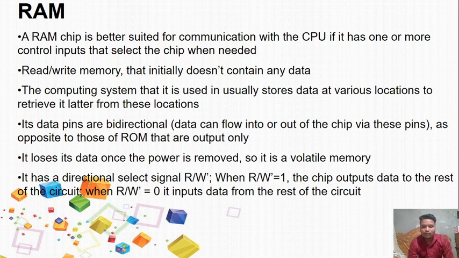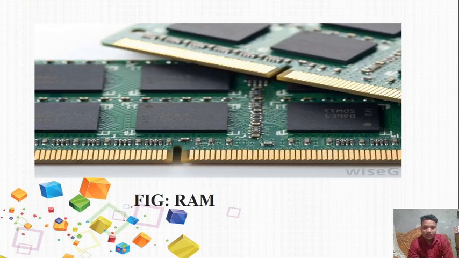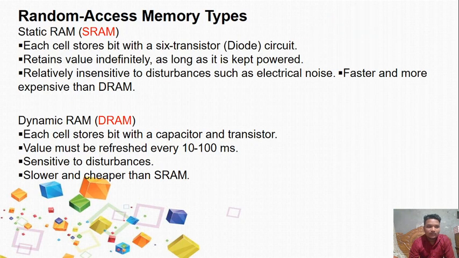When write equals 1, the chip outputs data to the rest of the circuit. When read or write equals 0, it inputs data from the rest of the circuit. Here you can see the RAM, then the random access memory.